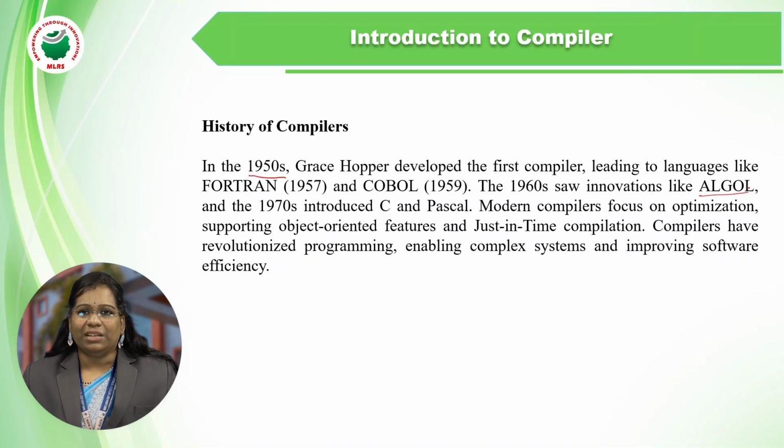In the 1970s, C and Pascal were introduced. After the innovation of C and Pascal, there was an increase in different programming languages, that is C++ and Java, which we are using in our daily life. Modern compilation is mainly focused on optimizing the code in just-in-time compilation.